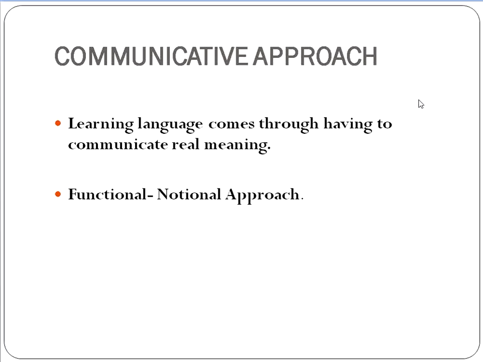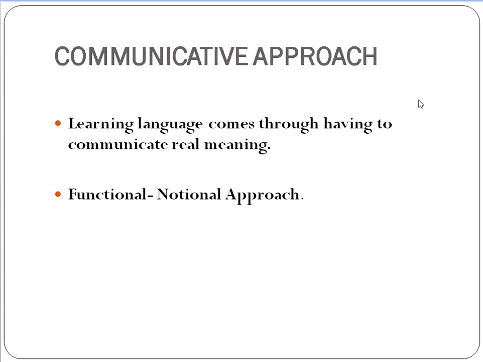Now, when we have the objective of learning a particular language, that skill comes through having to communicate real meaning. That means we must understand how to convey the real meaning to the outer world. So in this regard, we have this particular approach, communicative approach.